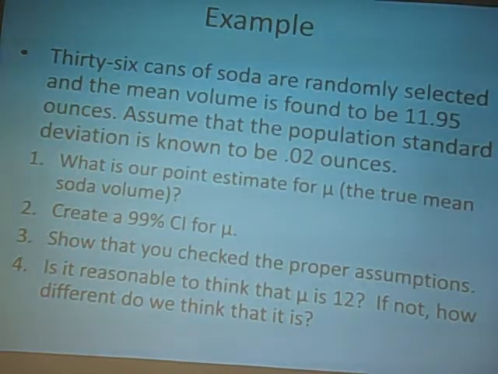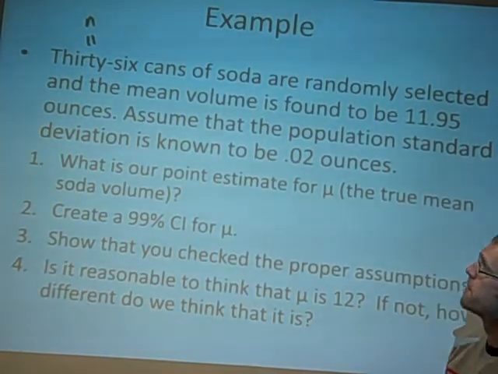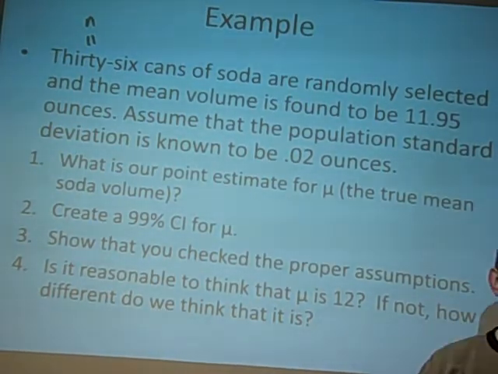A good thing to do at this point, before you proceed any further, is to write down what's what. n is 36, the sample size is usually the easiest to pick out here. 36 is not the number, it's the letters. We take a sample and we find out the mean is 11.95.